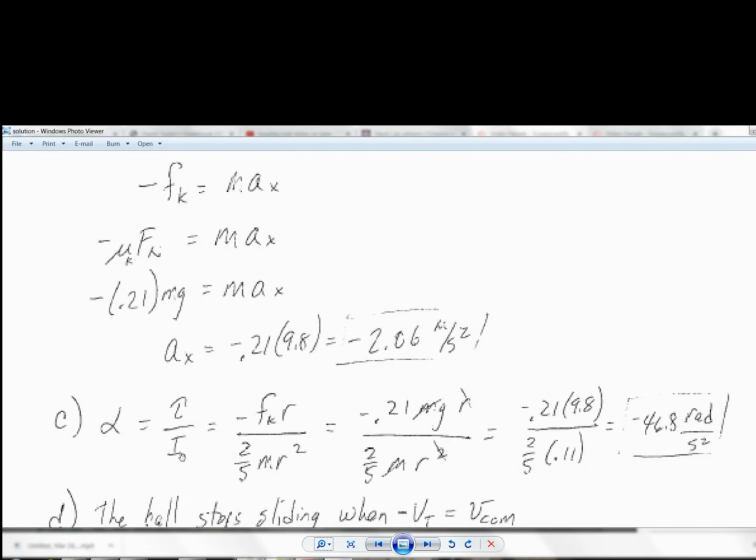And then the moment of inertia for a solid sphere from table 10-2 is 2/5 m r squared. So plug in the numbers, the m's cancel, and we see that the angular acceleration of the ball is 46.8 radians per second squared in the clockwise direction.